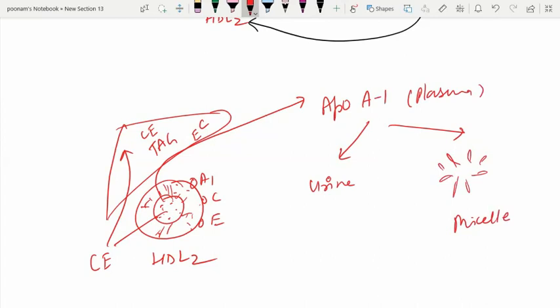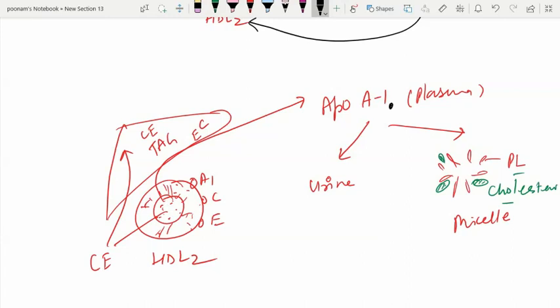This micelle is made up of phospholipid and free cholesterol. So it's very rare to see such micelles, which are produced due to sonication of cholesterol and phospholipid in the plasma.